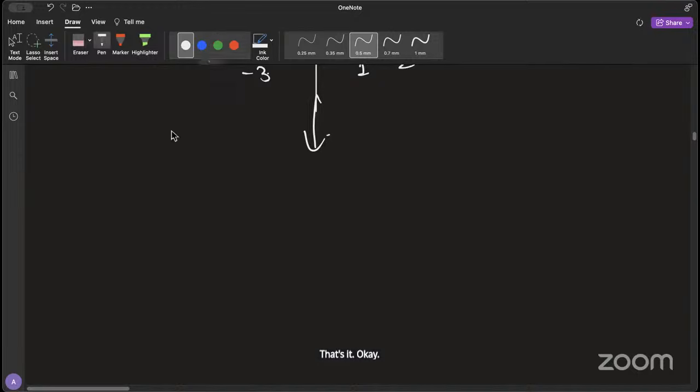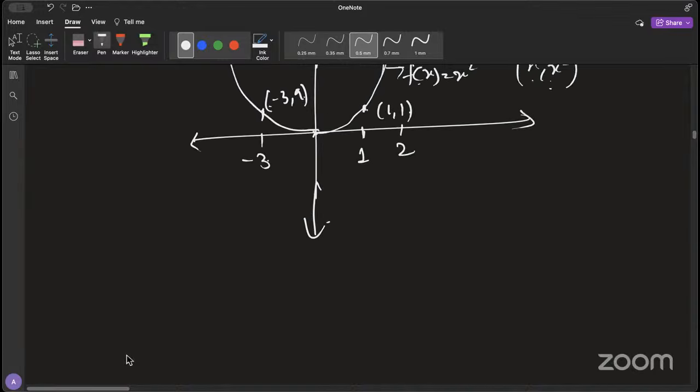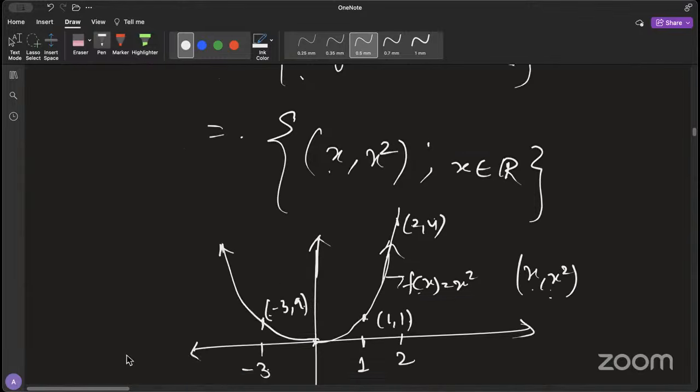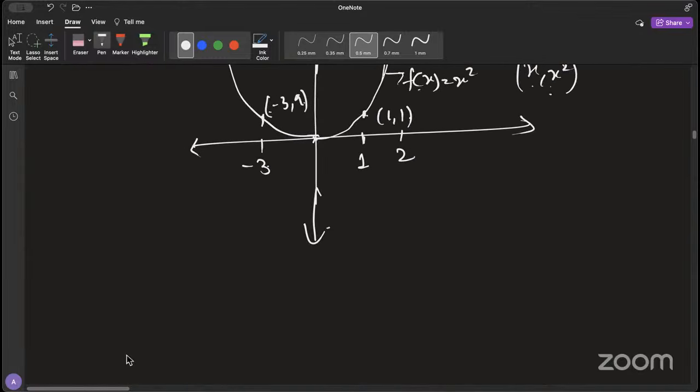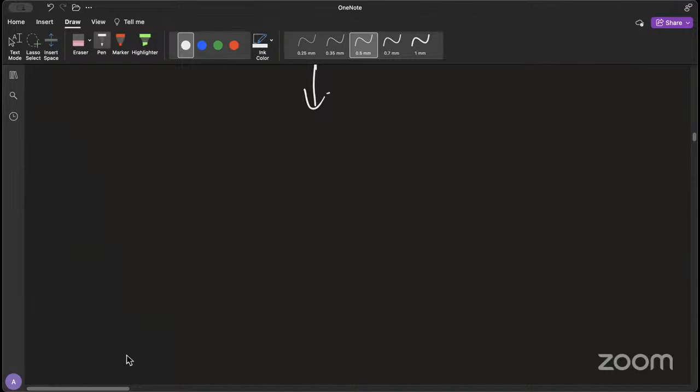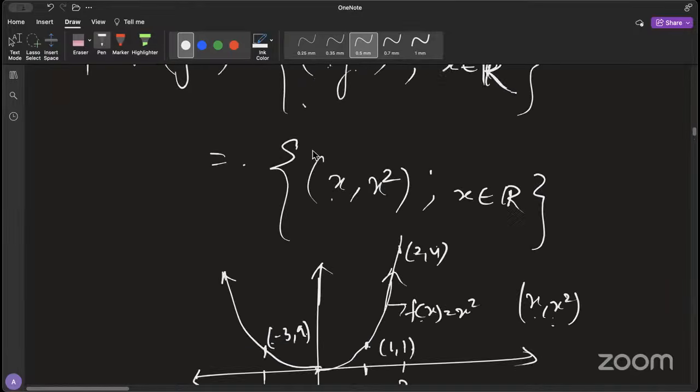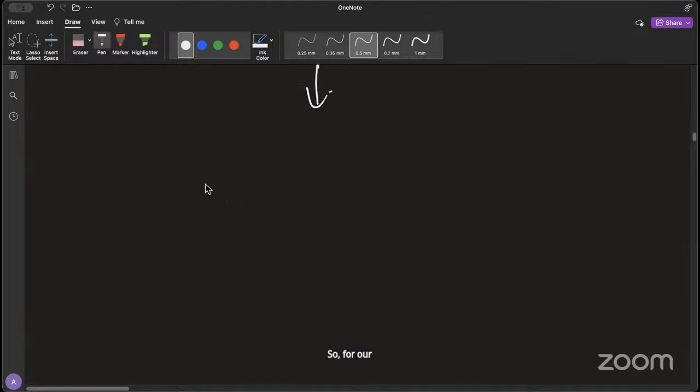Okay. Then the next thing that we have is, for our course, we only need the tangent to a curve, to a function.